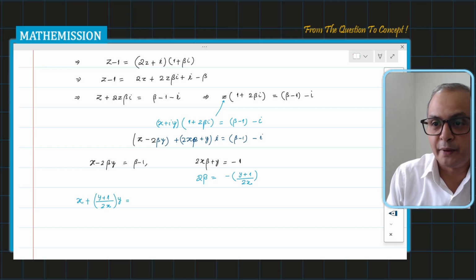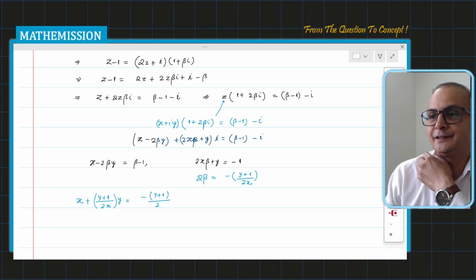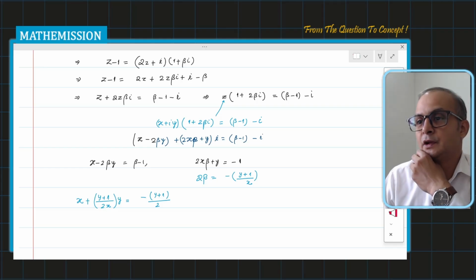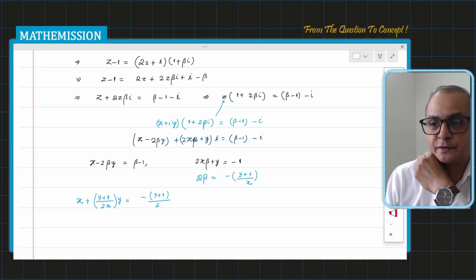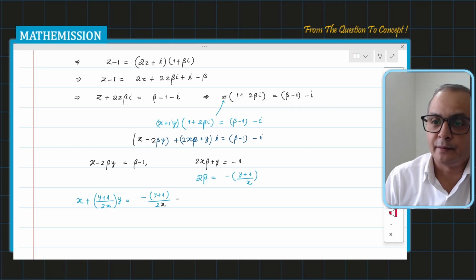But at the place of beta, I have to substitute minus of y plus 1 by, what I did, the mistake is there, that I shouldn't write. Okay. So this will give you 2 times x, because I need beta there, and minus 1.